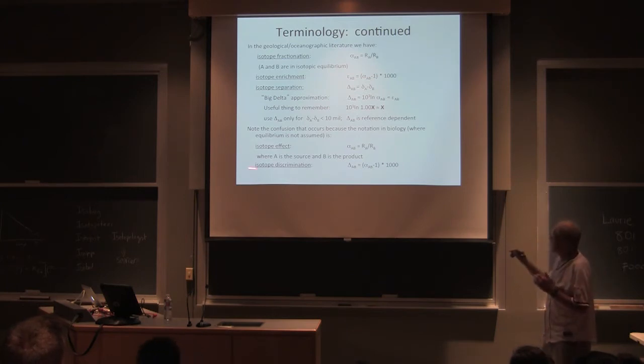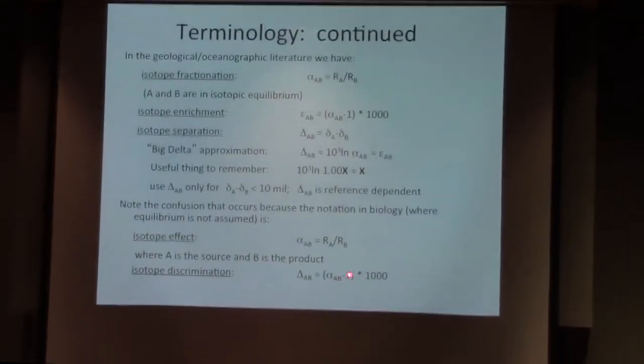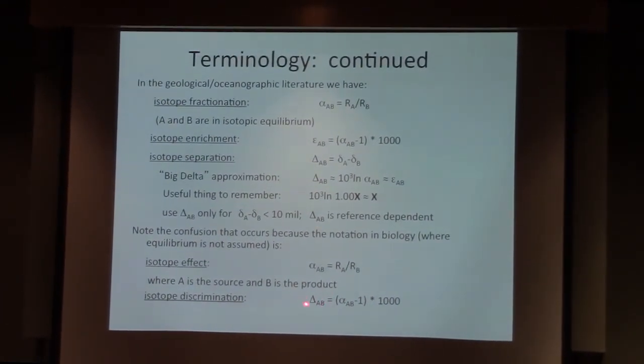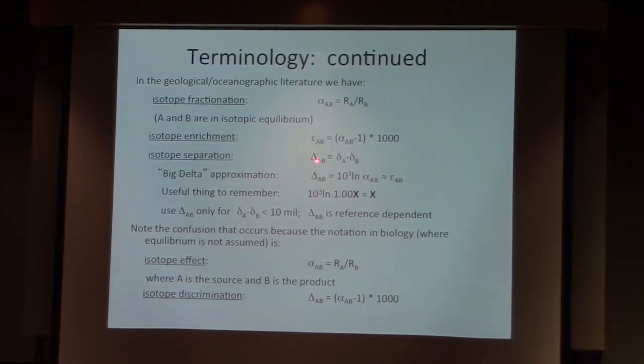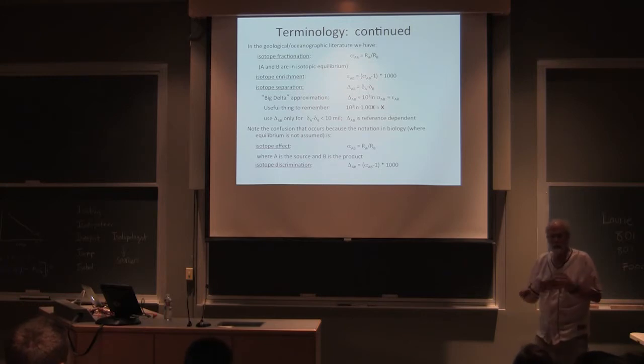And then the term was developed and called isotope discrimination, is this alpha minus 1 times 1,000. And notice that this is different than that formula. Okay? And so the form, it's identical to this formula. But it's really important to realize the distinction between if something is equilibrium or not.